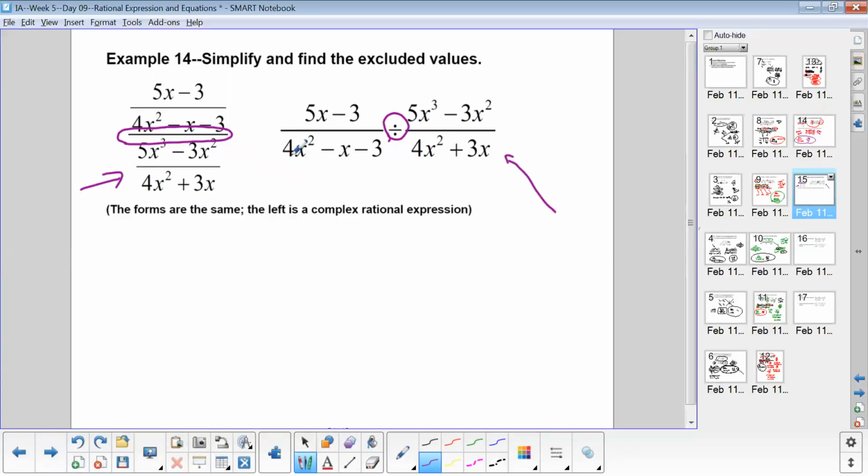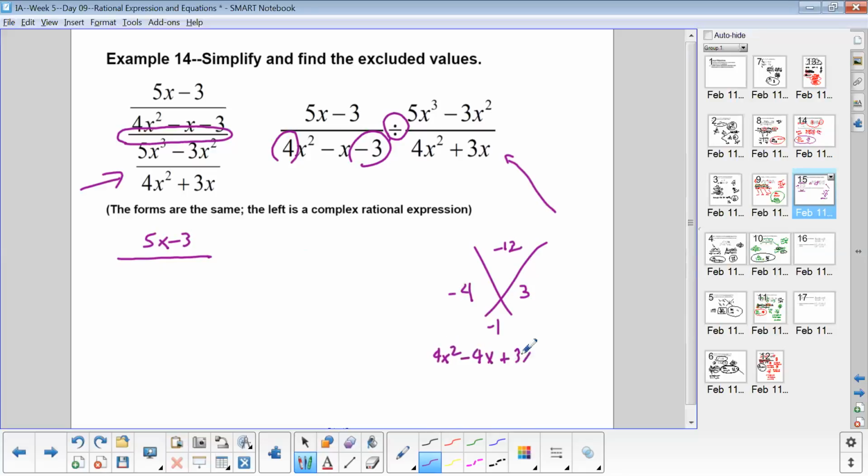So I'm going to 5x minus 3. There's nothing I can factor. 4x squared minus x minus 3. Well, that would be negative 12, a times c. It's got to add to give me negative 1, so it'll be 4 and 3 with a negative 4. So that'd be 4x squared minus 4x plus 3x minus 3.